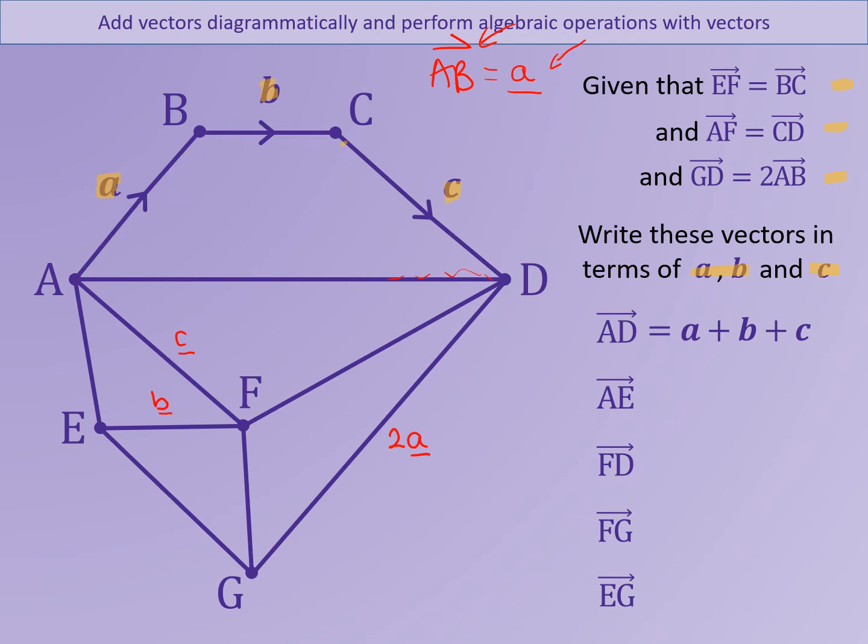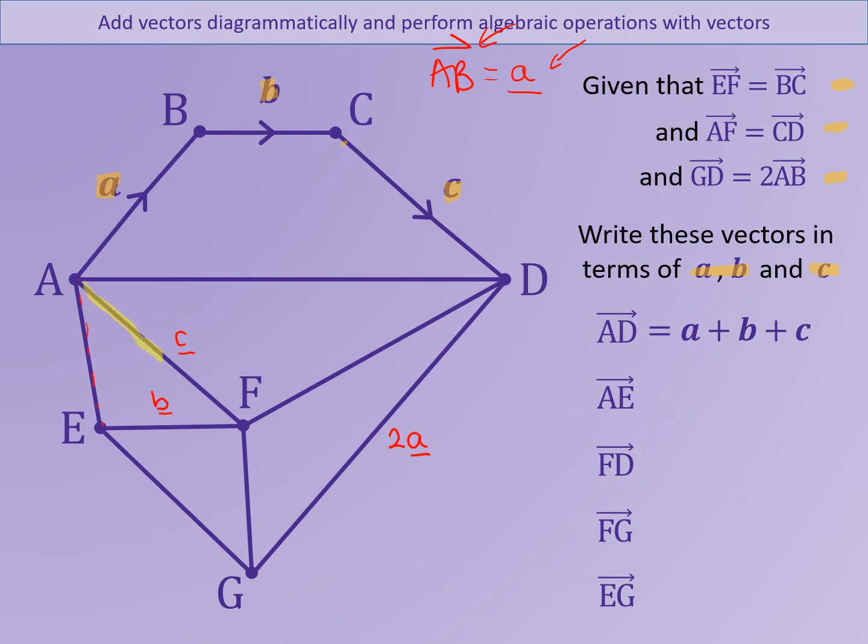Okay, so I'll just get rid of the extra notation on there. Let's take a look at AE. So A to E, we're going along this line down here. How can we get there using the information that we have on this diagram?